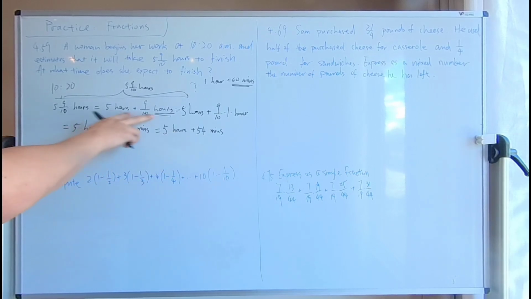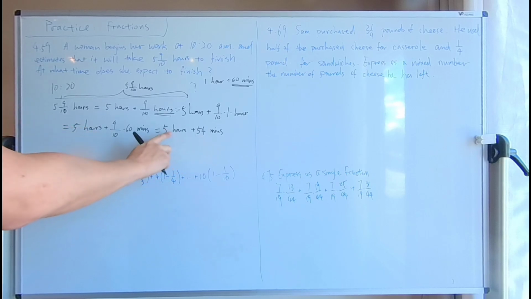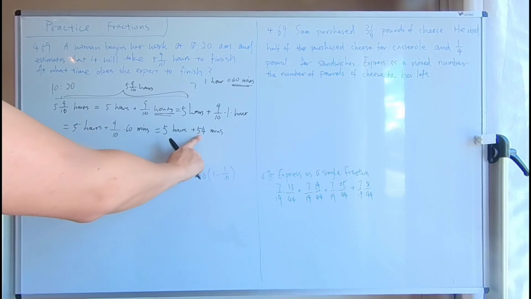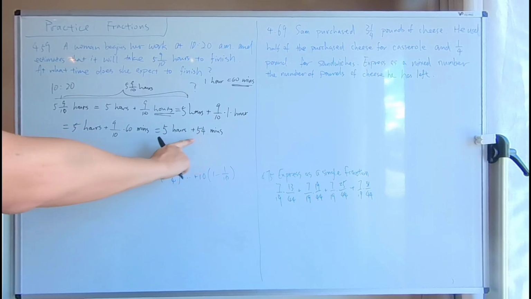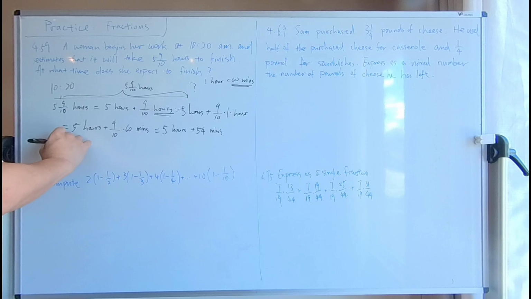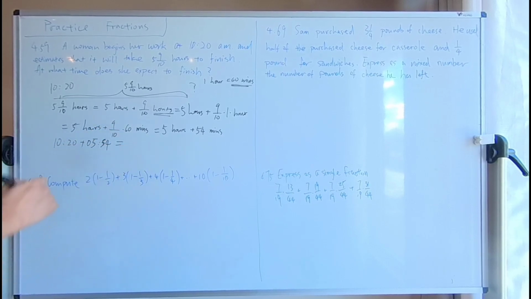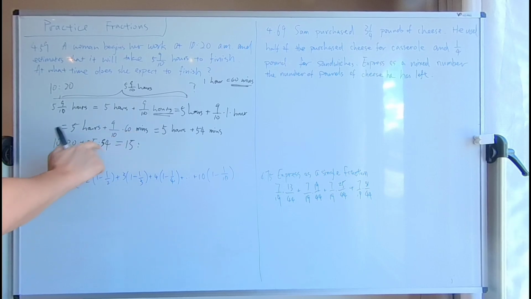Now I can make a pause here. I already separated this number into all integers, and I have 5 hours and 54 minutes. So now I can start adding this to the starting time, right? So 10:20 plus 5 hours 54 minutes, adding hour by hour and minute by minute.